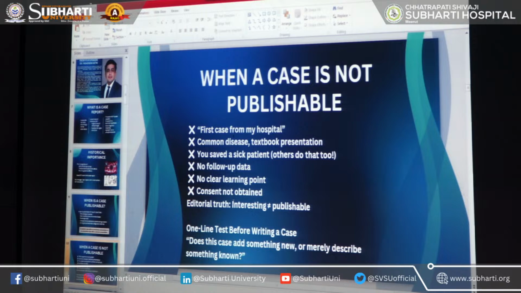What we know about SAH patients who are also diabetic is that we have to maintain regular blood sugar, around 170. So whatever treatment we are doing, our case is either adding something new to an already known thing, a plus point, or it is something known that we are describing in more detail.